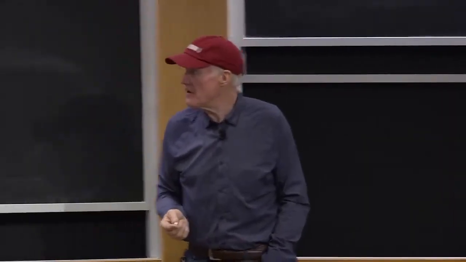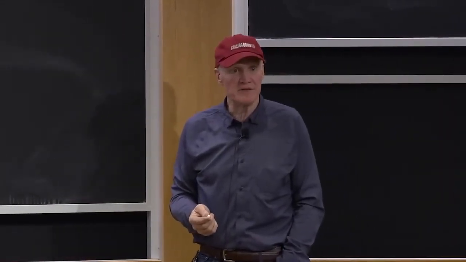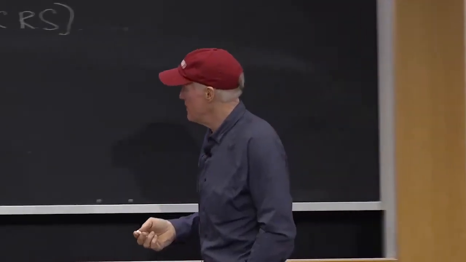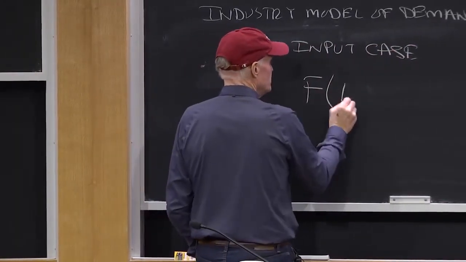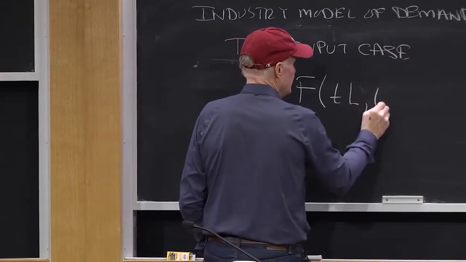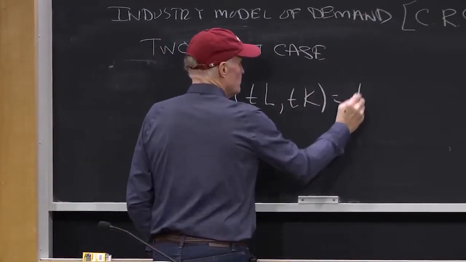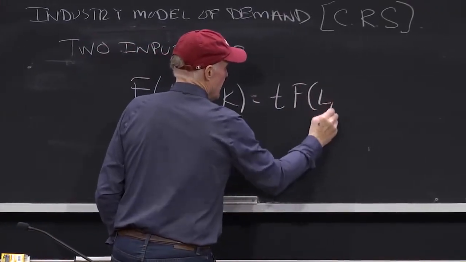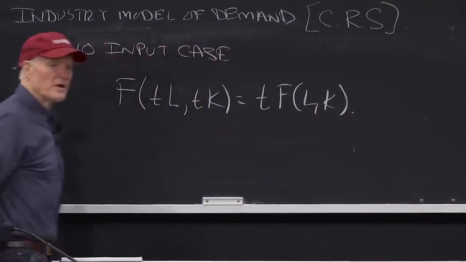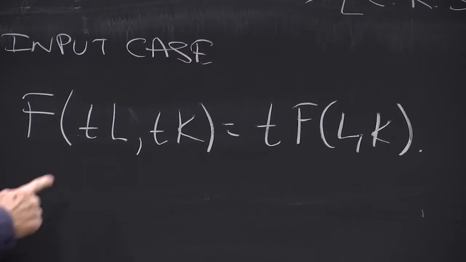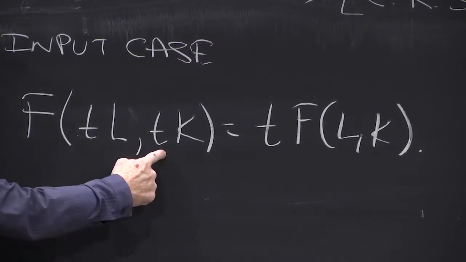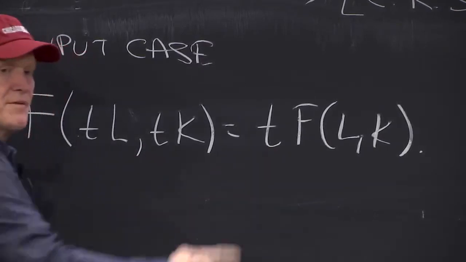And so let's think about when you have constant returns to scale. Everybody knows what constant returns to scale means. What does constant returns to scale mean? Well, at a fundamental level, it says f of tL and tK equals t times f of L and K. That's what constant returns to scale means: if I multiply the amount of labor and capital by some proportion, I just get that much more output.